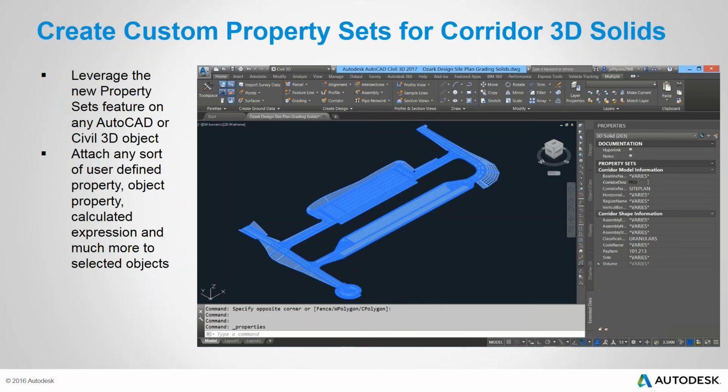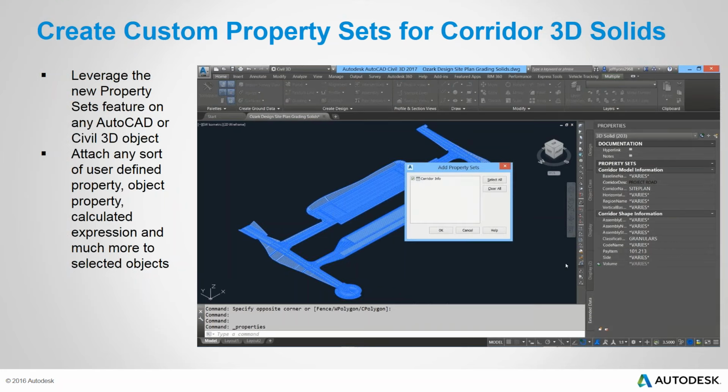You can see the previously attached corridor model information and corridor shape information that was generated from the extract solids command in Civil 3D. You do have the opportunity to edit this if you need to.